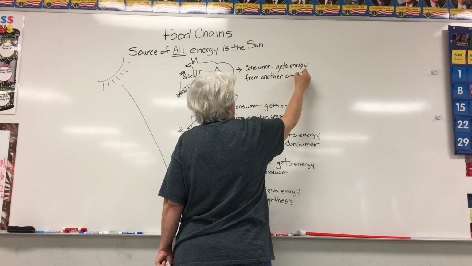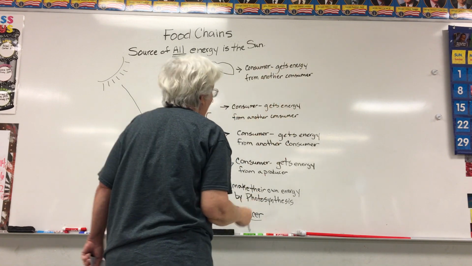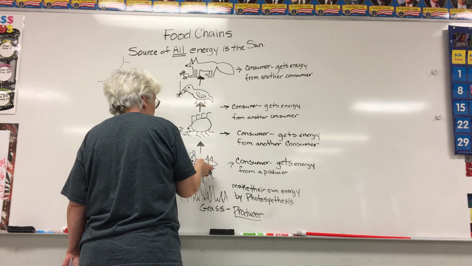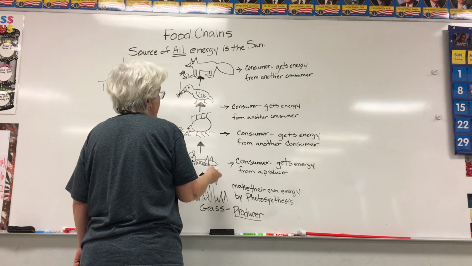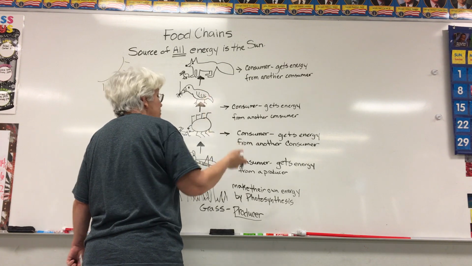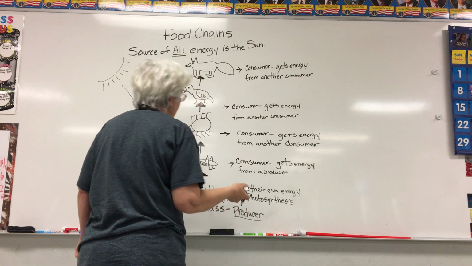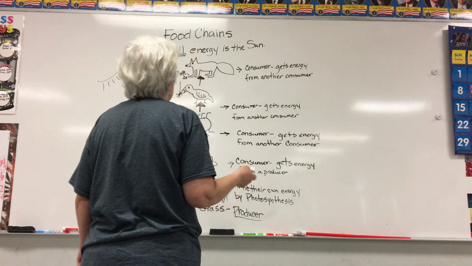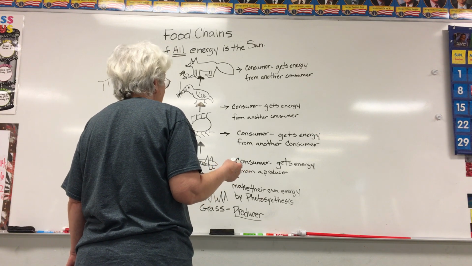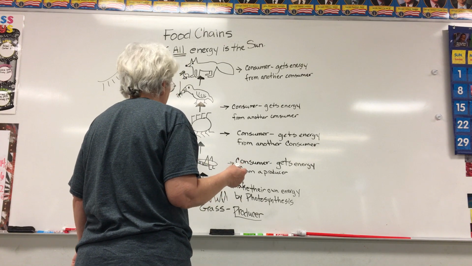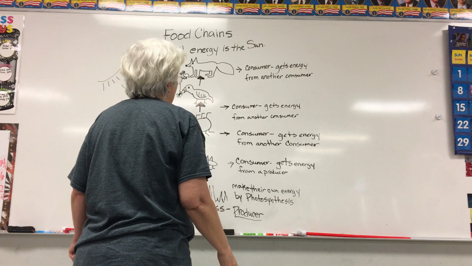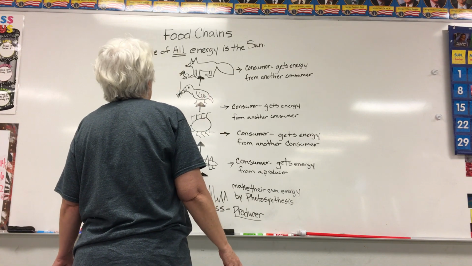Now, is this the only food chain we can have? No. We could have the grass, and then a cow eats the grass, and a human eats the cow, and then say a mountain lion eats the human. We're at the top. We are considered an apex hunter, but sometimes even apex hunters get eaten by other apex hunters. So this is just one sample of a food chain.